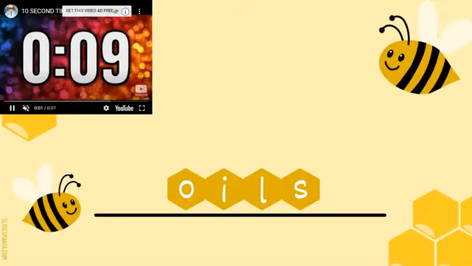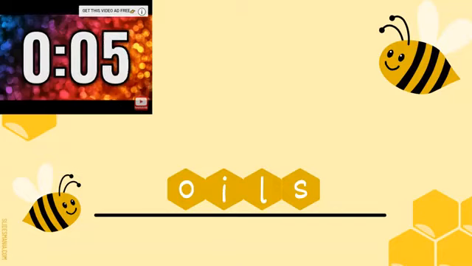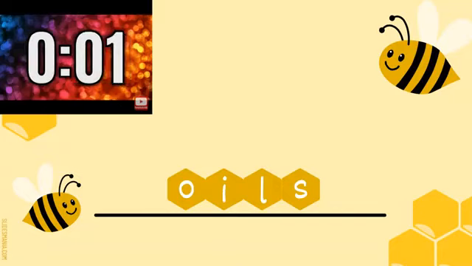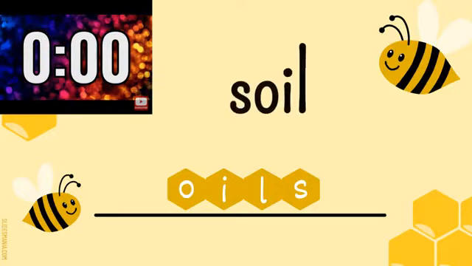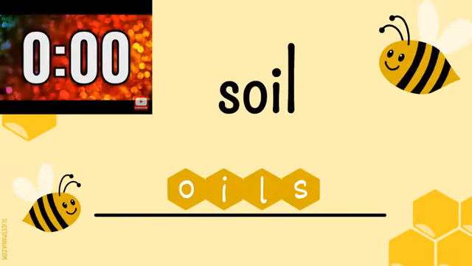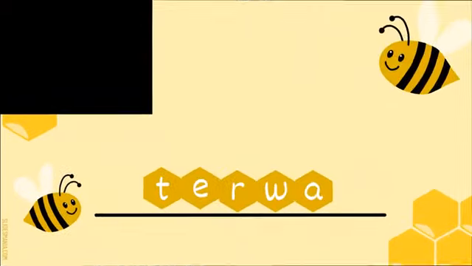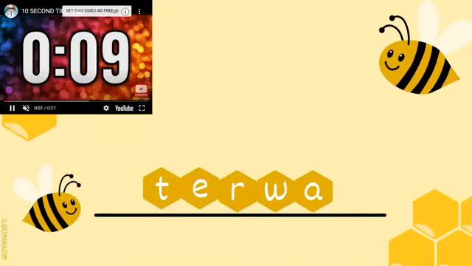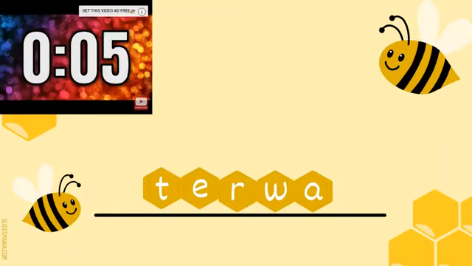The third one. In this jumble word, what do you think is the word? In 5 seconds. And the answer is soil. Very good. Next, in the jumble word, what is the word given?